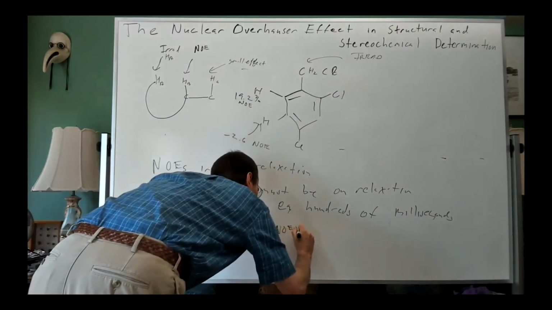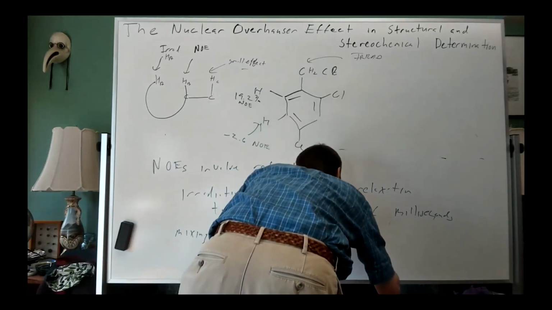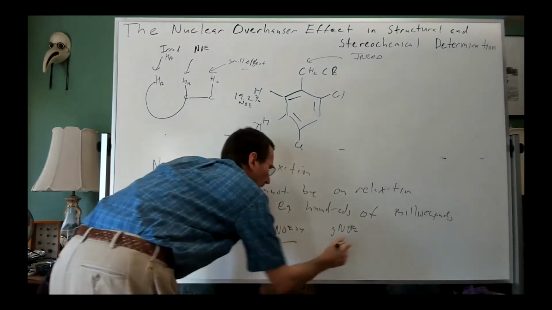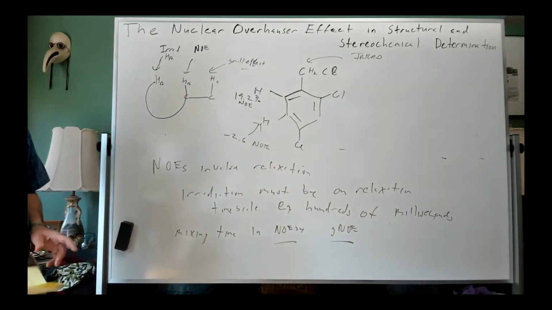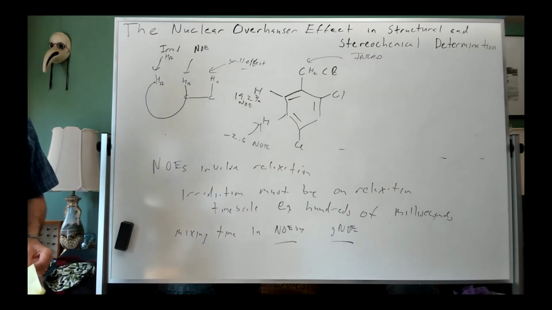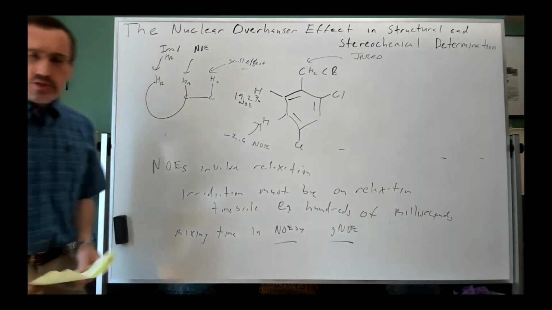We'll talk more about the NOESY and the gradient NOE experiments in a moment. These matter, and they'll determine the degree of NOE you get and so forth. Thoughts or questions?